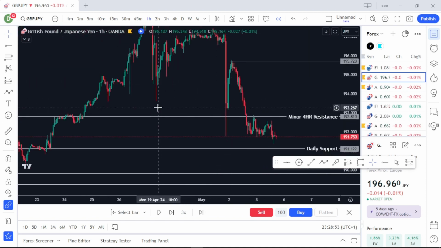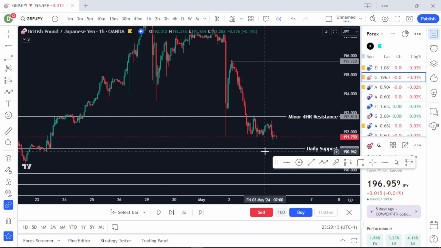Now, why are we more interested in buying this market despite seeing the market actually going downwards? The reason I was more interested in buying is simply because of one thing. The overall market direction on the daily time frame is an uptrend. And the only condition in which this market will sell is if the market is able to break this support area.